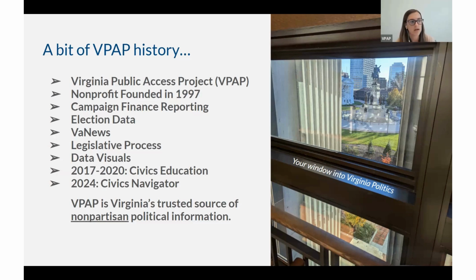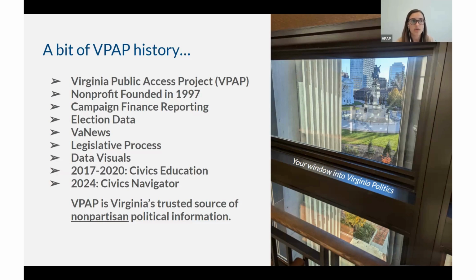The campaign filing reports used to just be literally in a filing box in the State Board of Elections office. And so in order to have any insight into what was happening with donations to political candidates or committees, you would have to go physically find those papers. And of course, that means it's not timely and not accessible in any way.